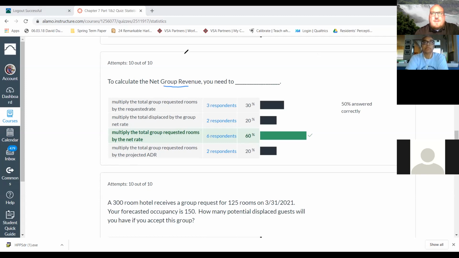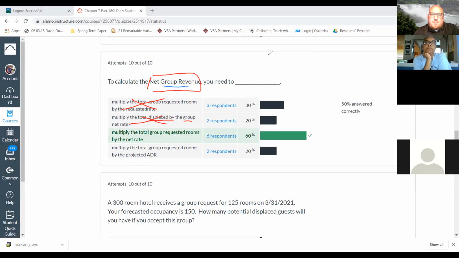And so if we're talking about group revenue, this question, the total group requested rooms by the requested rate, we can't use the requested rate because we haven't subtracted all of our costs out of that yet, okay? We can't do the total displaced by the group rate because we're looking for the net group revenue. So in this case, it's saying the total displaced. So that's not a good one.